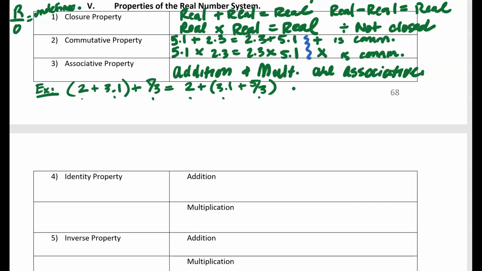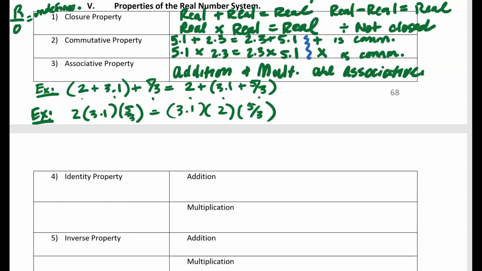And the same is true for multiplication. If I did a multiplication problem, 2 times 3.1 times 5/3, that's the same thing as 3.1 times 2 times 5/3. Oh, you know what? I just did commutative. Let me back up here.